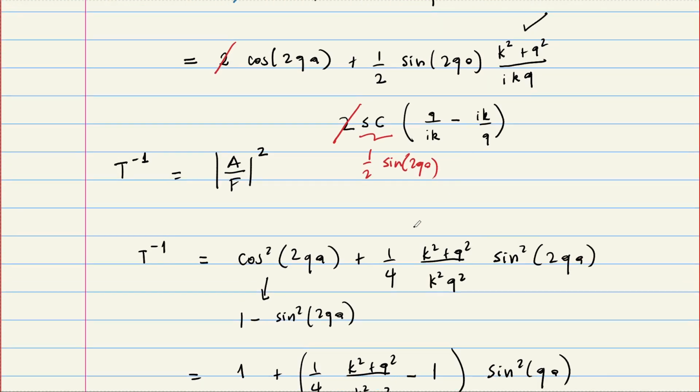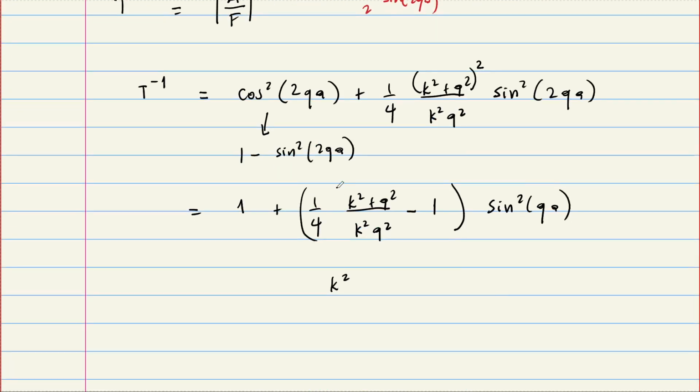So this thing is squared. This thing is squared. Now I have k squared plus q squared minus, plus 2k squared q squared minus 4k squared q squared, but this thing is equal to k squared minus q squared, squared. Then I can combine this.